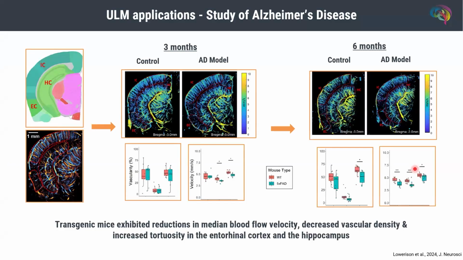And this was sustained at 6 months, but even more, those same regions displayed a worsening of the condition with decreased vascular density and increased tortuosity of the vascular network. So you see, for example, how ULM was used for the study of a neurodegenerative condition.